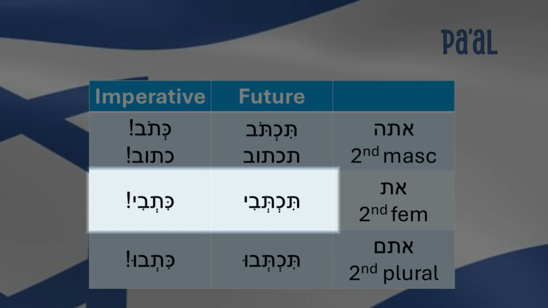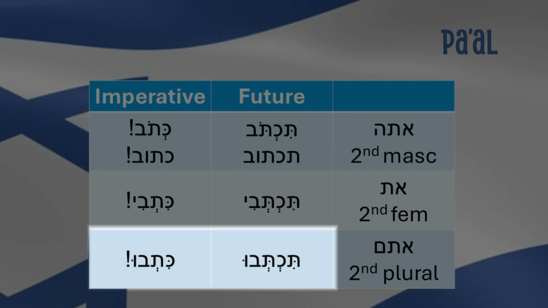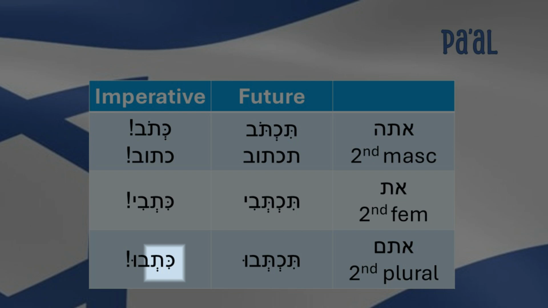And so after we convert that chaf to a kaf, we would have ketevi. And that's two schwas in a row, it can't be. So it's going to become kitvi. And same thing with the atem form. We're going to have tichtevu, and since we can't say kitevu, it's going to be kitvu.